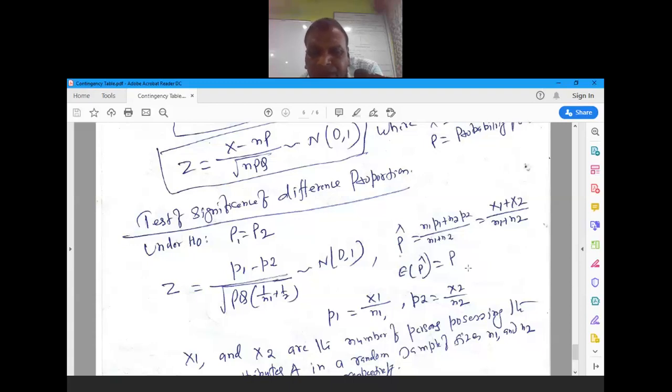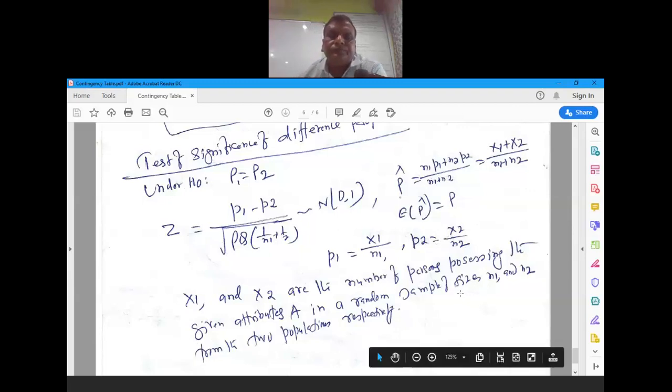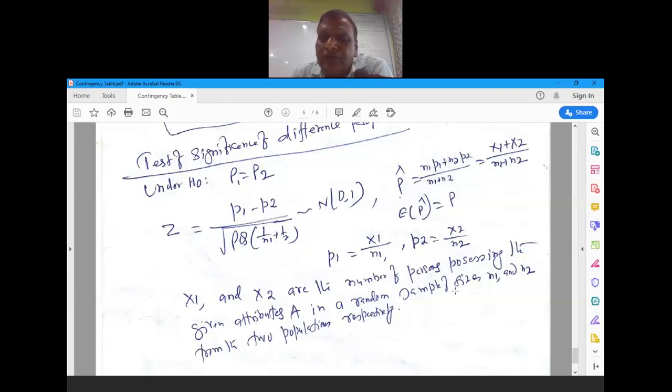If you take the expected value of P hat, it remains as such, equal to capital P. Small P1 is equal to X1 upon N1, and small P2 is equal to X2 upon N2, where X1 and X2 are the number of persons possessing the given attribute A in random samples of sizes N1 and N2 from the two populations respectively.